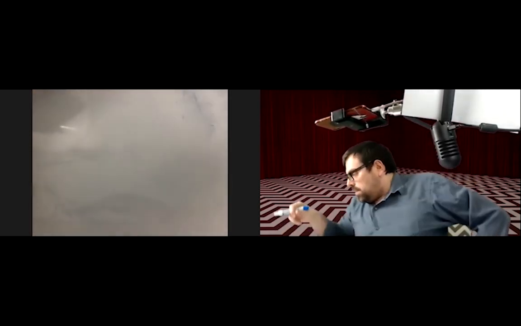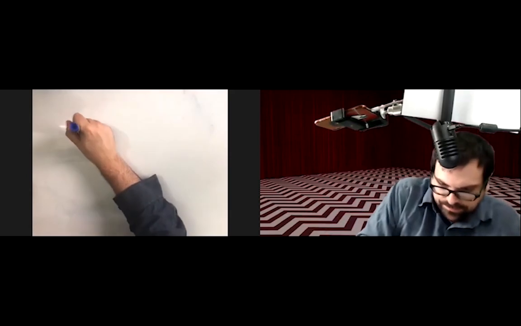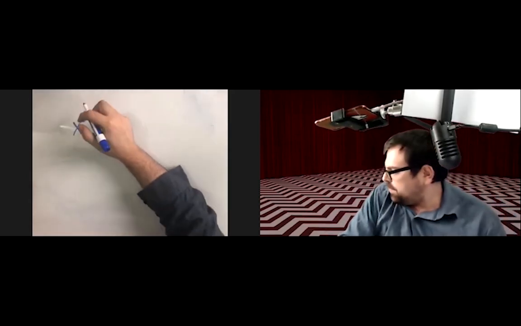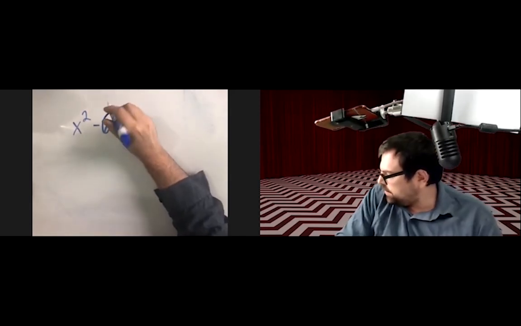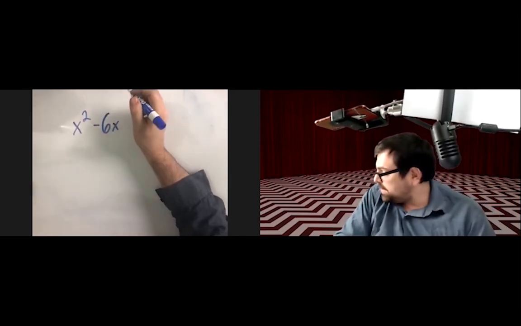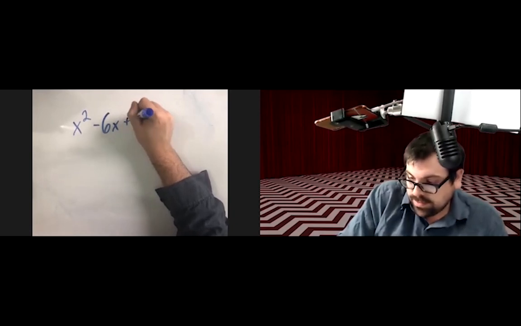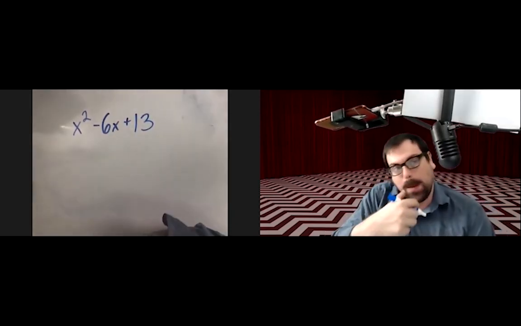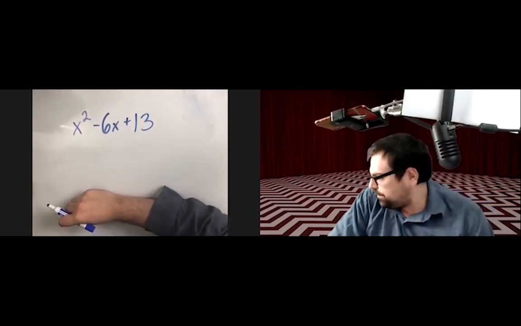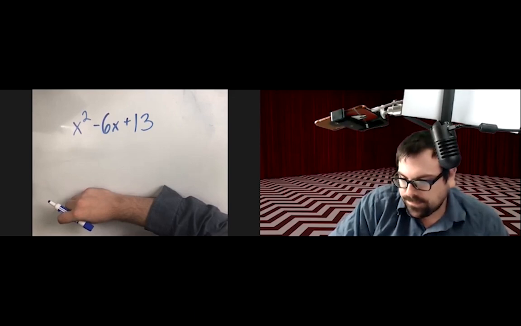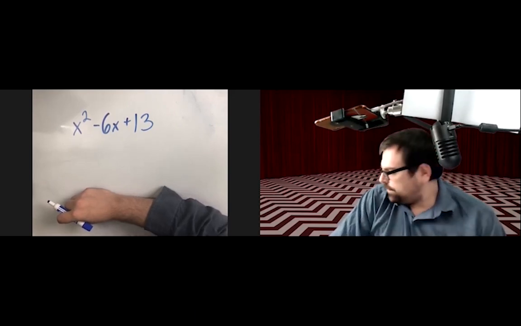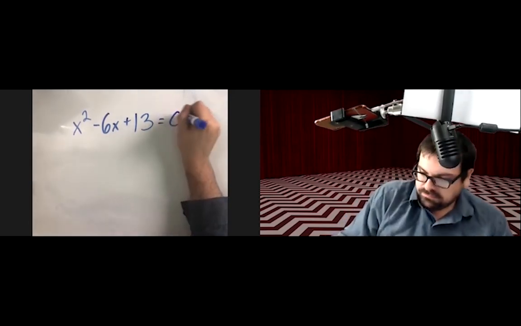Okay. Why is this useful? Well, because we're about to use the square root property to solve x squared minus 6x plus 13 equals 0.